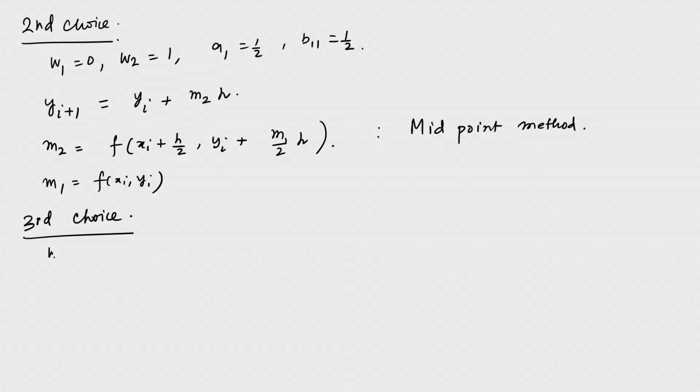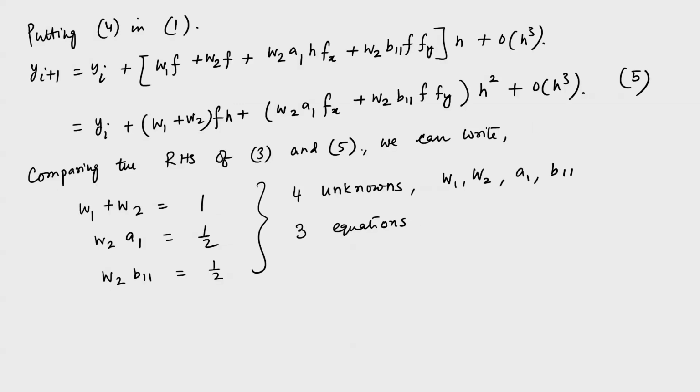One can choose W1 equal to 1/3, W2 equal to 2/3, which fixes A1 equal to 2/3 and B11 equal to 3/4.